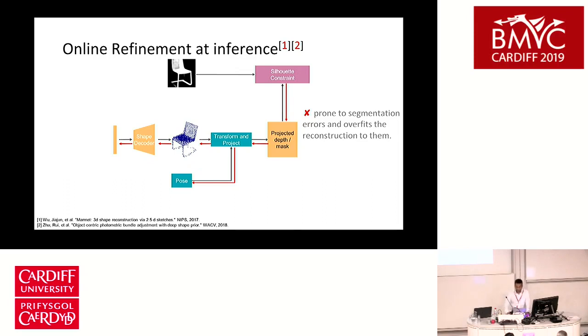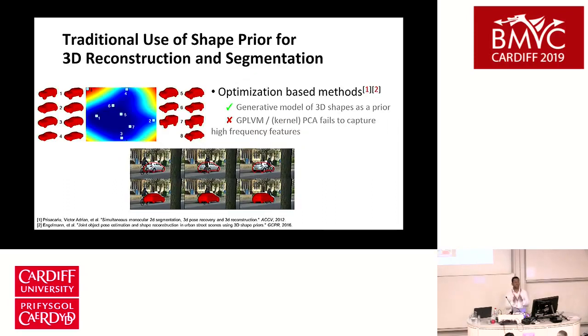So to answer these two questions, we look into the literature. Pre-deep learning, this problem was indeed solved in a traditional geometric way, where methods which were trying to use a shape prior to do 3D reconstruction from a single silhouette were prevalent. So these methods had a simple training scheme in which a whole bunch of object shapes were embedded into a low-dimensional space, a latent space, using techniques like GPLVM.